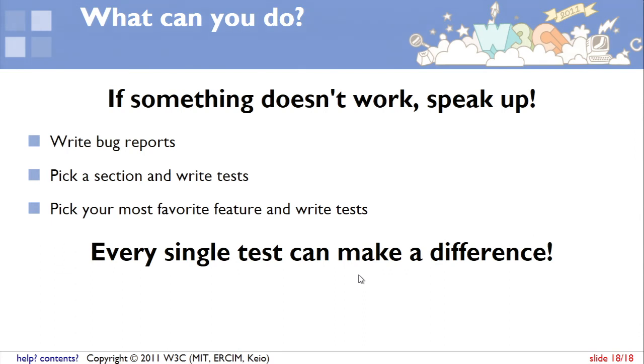You can pick a specification section and write tests for a specific section of the specification. There are still plenty of sections of the HTML5 specifications that are not being tested, and that we would welcome tests for.